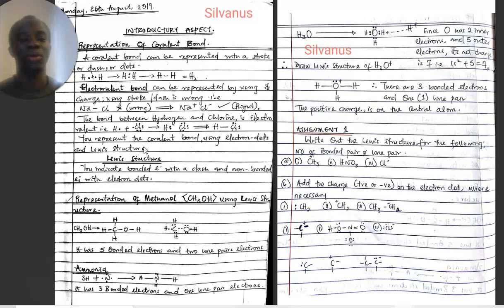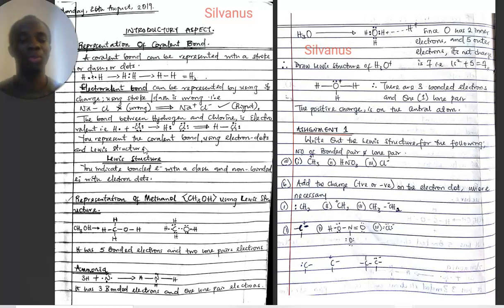The bonding electrons are indicated with a dash, which I have said means they are covalent, and the non-bonding electrons are represented with electron dots. The structure that shows both the bonding and non-bonding electrons is what we refer to as the Lewis structure.